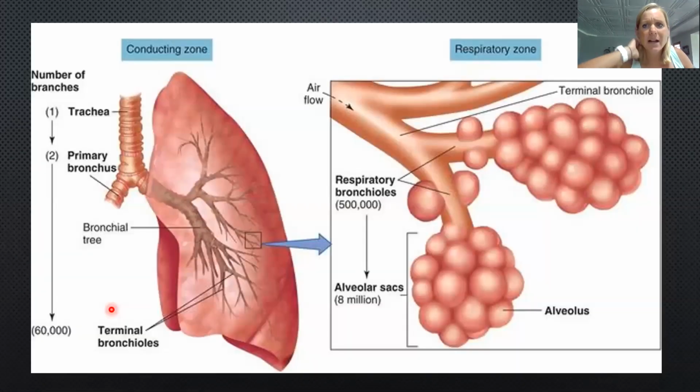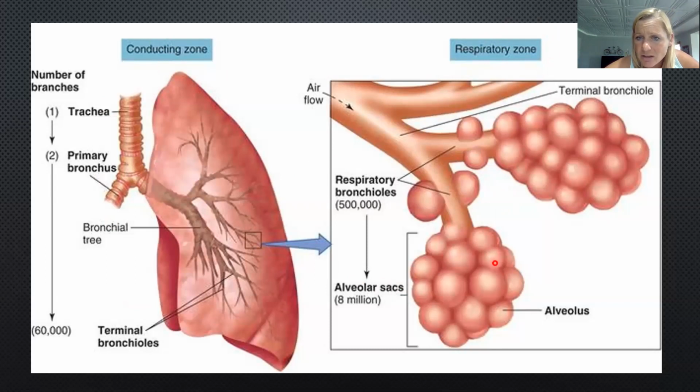Okay, next let's take a look at the respiratory zone versus the conducting zone. Here we've zoomed in on the respiratory zone. The respiratory zone consists of structures that contain air exchange chambers known as alveoli.